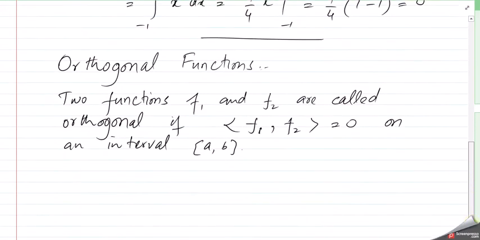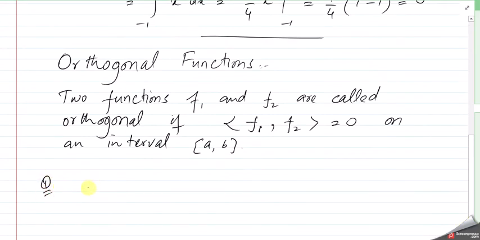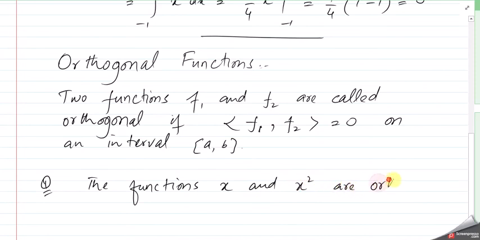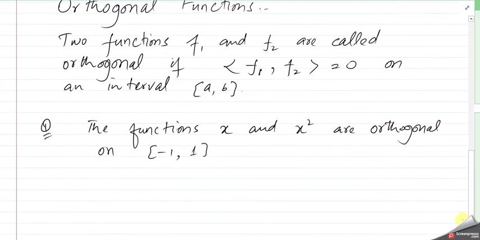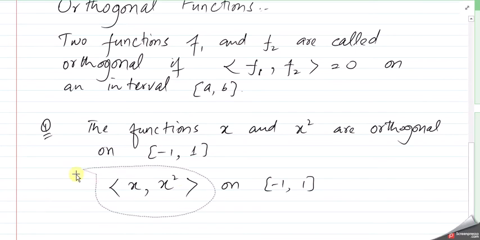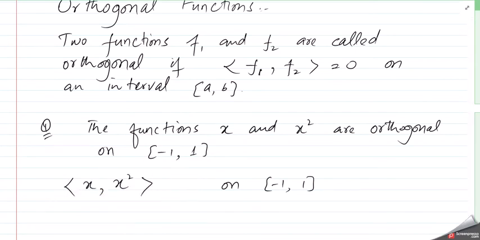So I can say from the example above that the functions x and x square are orthogonal on minus 1 to 1, because we have already seen that when we take inner product of x and x square on minus 1 to 1, it is equal to 0.